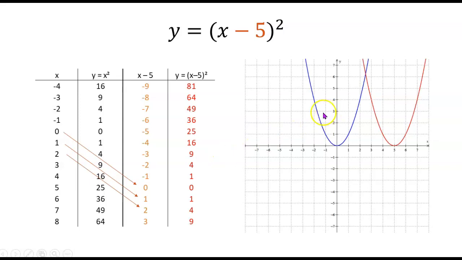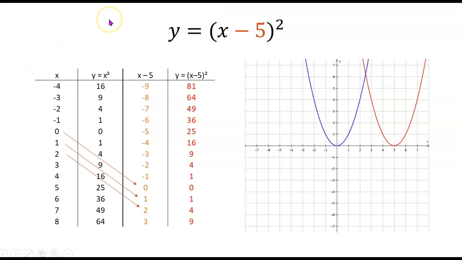So that means that the whole graph has been shifted over 5 spaces to the right. The point that used to be at (0, 0) is now at (5, 0), because x itself would have to be 5 so that the x minus 5 that we're squaring turns out to be 0.